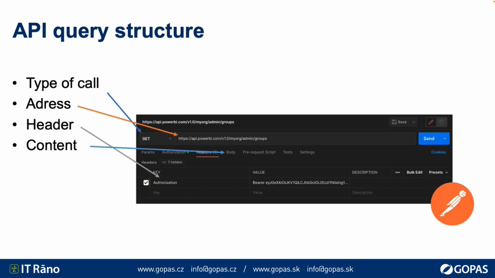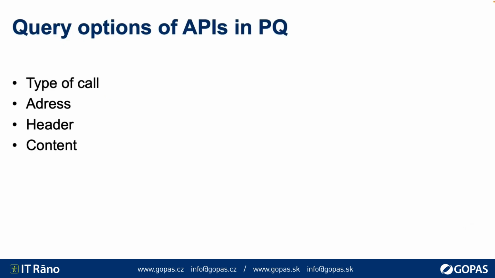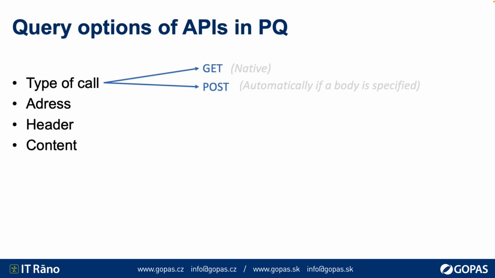But can we prepare all of them inside the Power Query? Yes. The type of call is a little bit limited. Inside the Power Query, we can do a get call, which is absolutely the native call that we are using. Then the post call, which will be automatically used after you set up a body of a call, which means the content of a call.